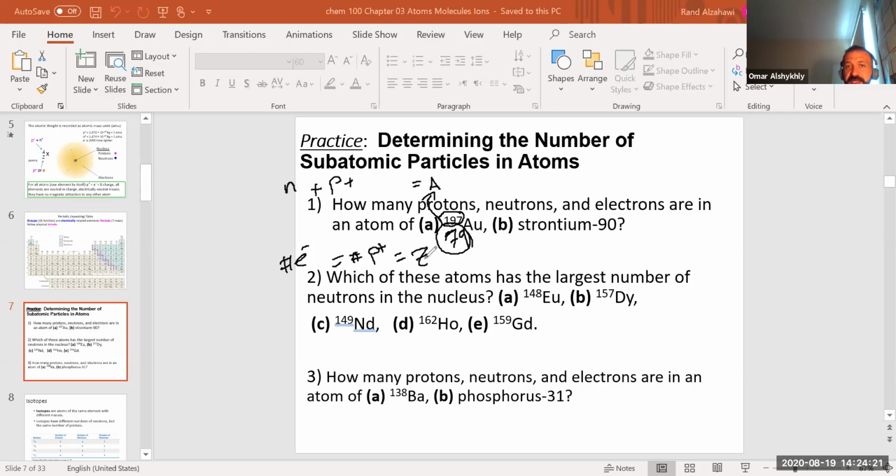Now, Z, 79, represents the number of protons. So here you will have this equation: N plus 79 equals A, which is 197. Do the math, and N will equal 197 minus 79.